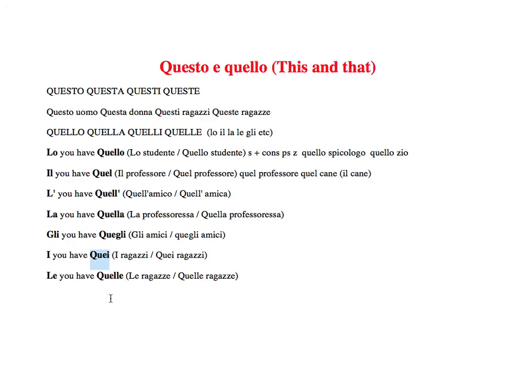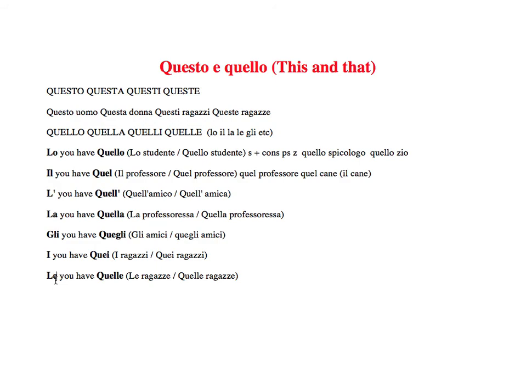The last one is quelle. When do you use quelle? You use quelle with feminine and plural, where you would have le. Actually, quelle is the only possibility for feminine and plural, as le is the only possibility for feminine and plural. So every time you have a feminine plural noun and you want to say those referring to it, it will be quelle.